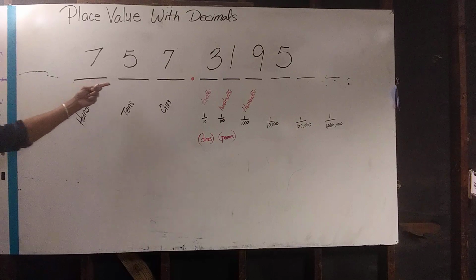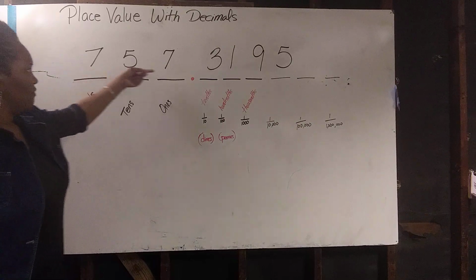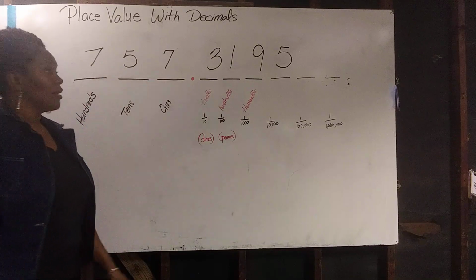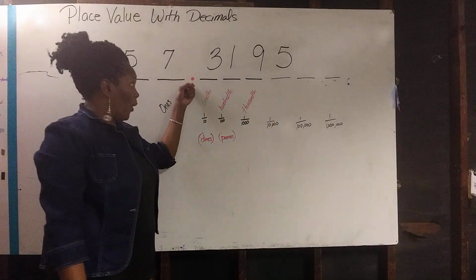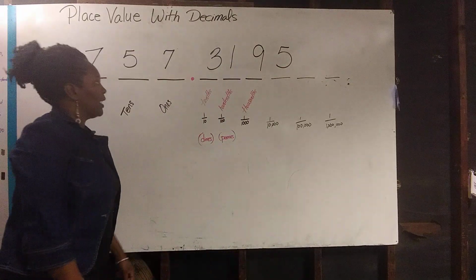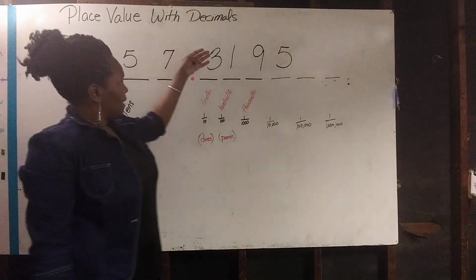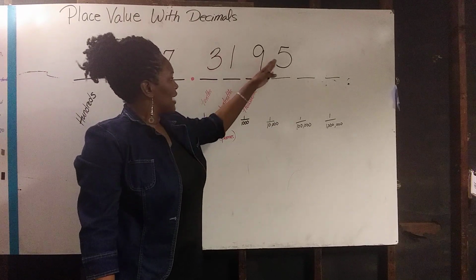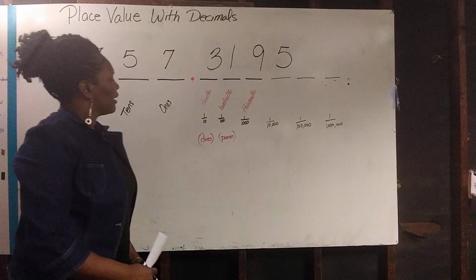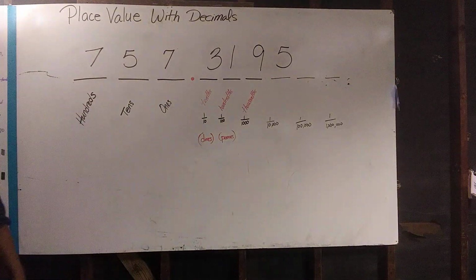Well, you know how to say this part: 757. And we can say 0.3195, or we can say 3,195 ten-thousandths. So you can say it either way.